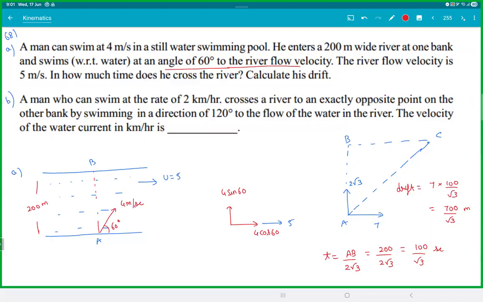A man can swim at 2 kilometers per hour, crosses a river to an exactly opposite point. Yeah, this is a straightforward one. This is case 2. Again, look at the word 120 degrees to the flow of water. Angles, be careful. Don't take with vertical. When I taught you, I took everything vertical, but read the question. Did he say vertical or did he say river?